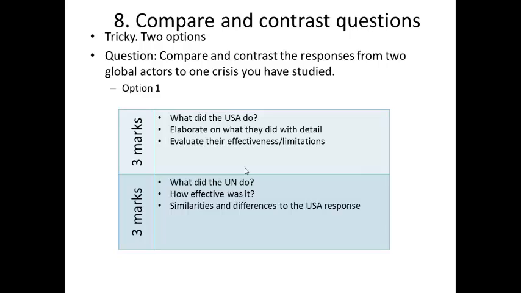There's no perfect response here. I'm just giving you a couple of options. So I would do 3 marks on what the US did in Iraq, 3 marks on what the UN did in Iraq, and here I would point out why their response is similar and or different at the bottom. That's one way to do it. 3 and 3.